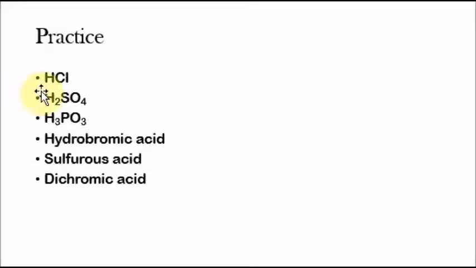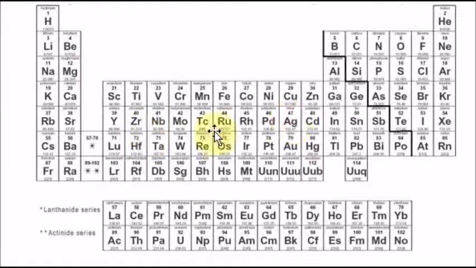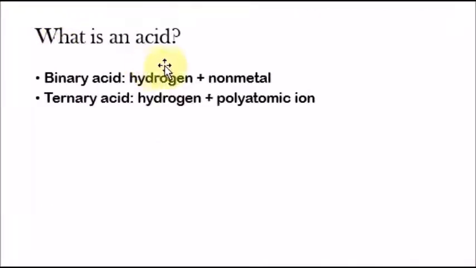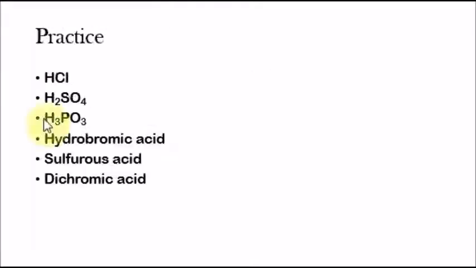So here we have a binary acid because we have hydrogen and then we have a nonmetal, which is chlorine. Chlorine is to the right of the zigzag line on the periodic table, so it's a nonmetal. We have hydrogen plus a nonmetal, so this is a binary acid.